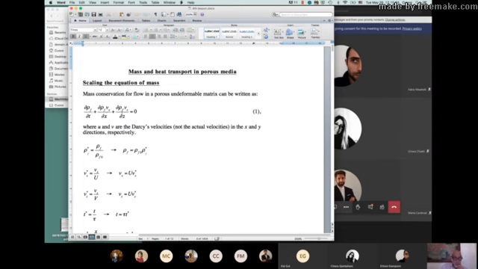The second and the third term are the advection terms and describe how the mass per unit volume, the density, is brought into the volume or exits through that volume in the x direction and in the z direction. You can have mass coming in the x direction and not going out in the x direction.